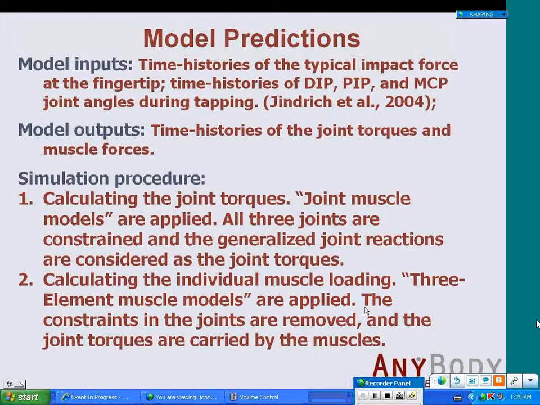The moment is carried and balanced by all the muscles. The sum of the muscle moments gives back the joint moment. So in the two-stage simulation, we obtain the joint moment and the muscle force as functions of time.